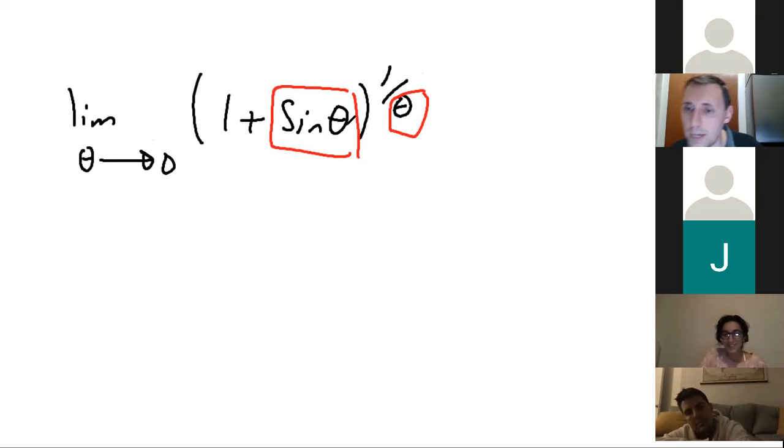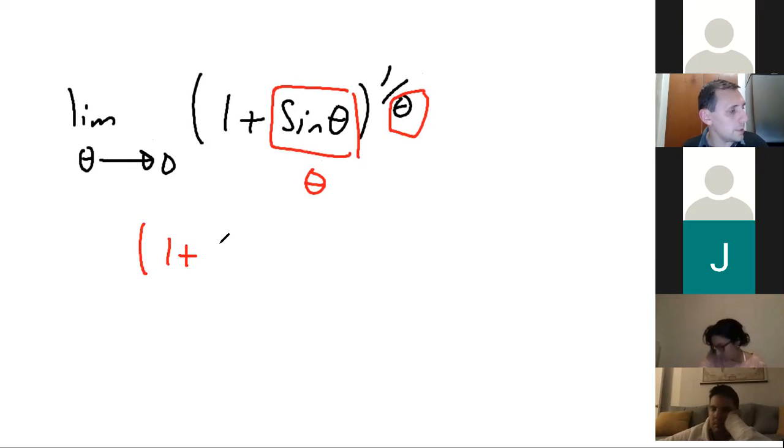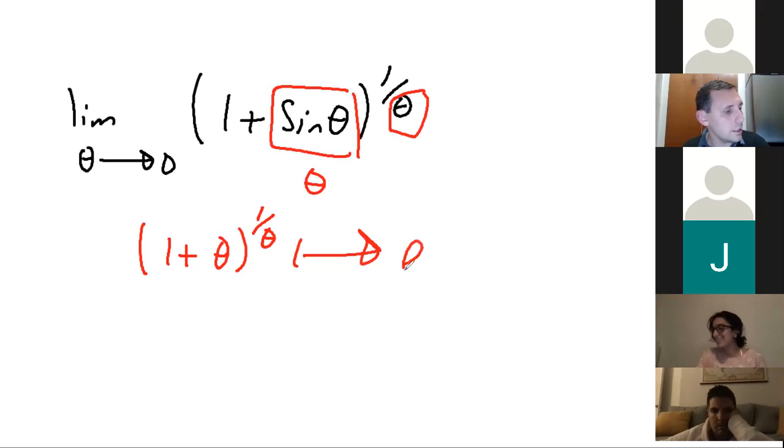Because remember, sine of theta is theta. Are you with me? When theta is small, I just think sine of theta is the same as theta. So I see 1 plus theta to the power of 1 over theta, and my conclusion is right away e to the 1. From previous lectures, guys, which you, of course, review.